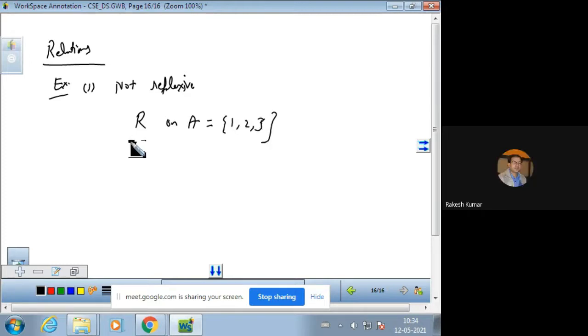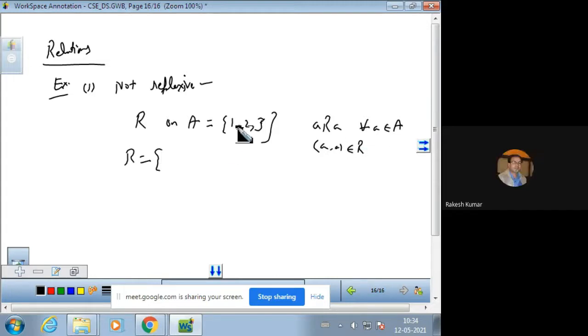Now we have to find out the relation R so that R should not be a reflexive relation. Now for a reflexive relation, A should be related with A for all A belongs to A. Now, what does it mean? The ordered pair (A, A) should belong to R.